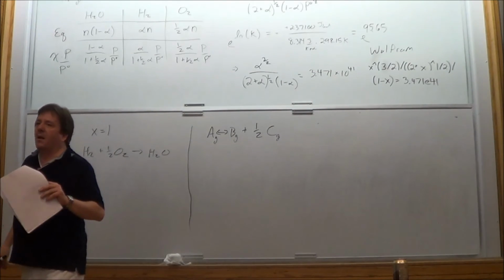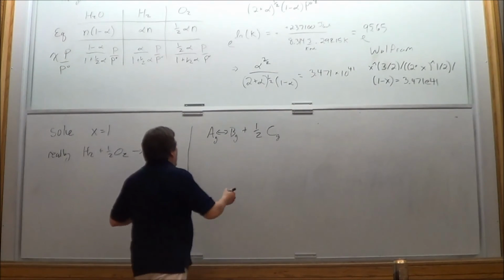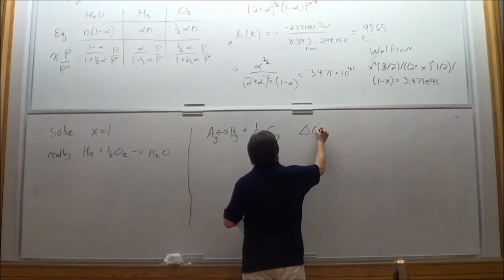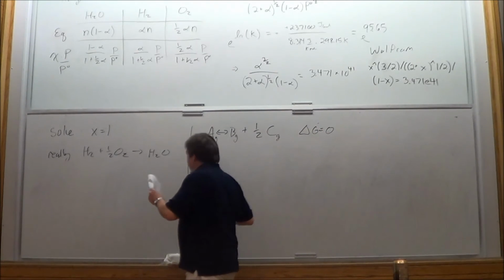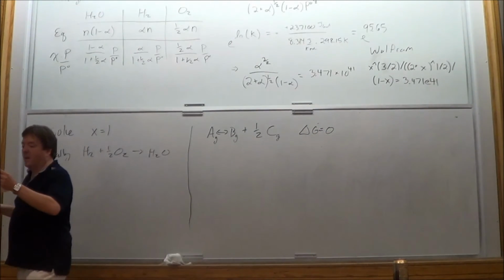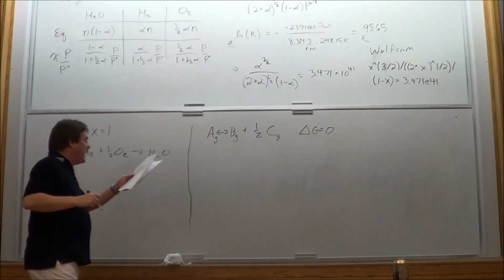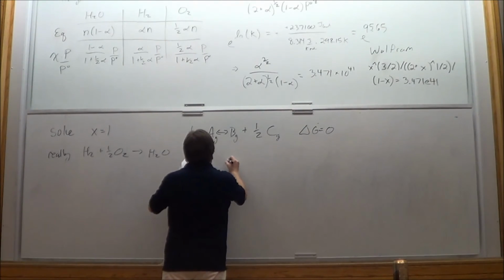And I've made it up because let's say it just turns out that delta G was 0. God knows I'm good at making up delta G's. Delta G was 0. What do you get? In this case, the expression is identical to what we just did.